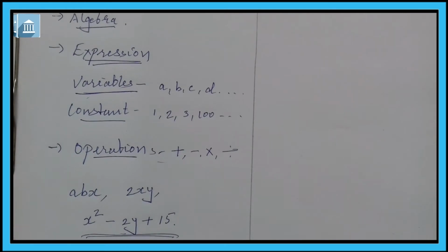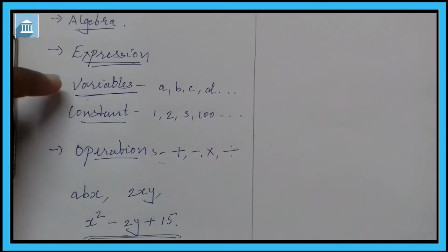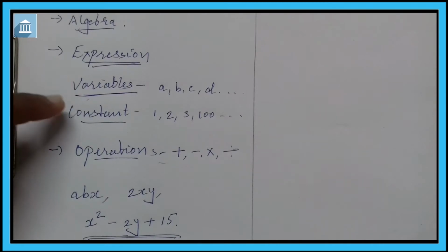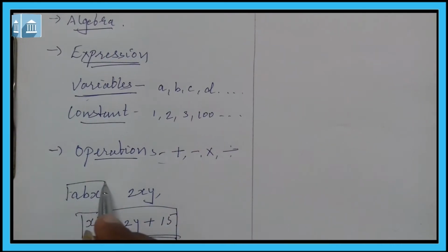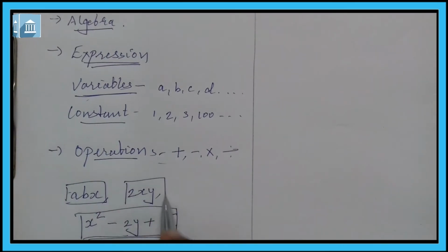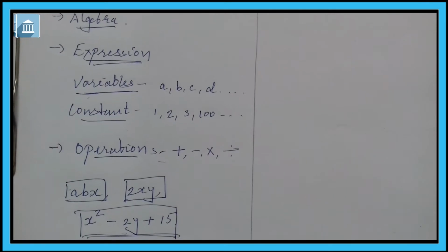So when we combine variables, constants and operations of mathematics together, we form an expression that is known as an algebraic expression. Here all these are algebraic expressions. This we had already learned in 6th standard.